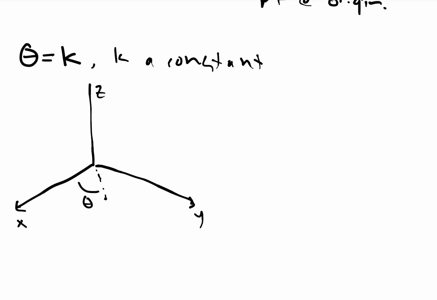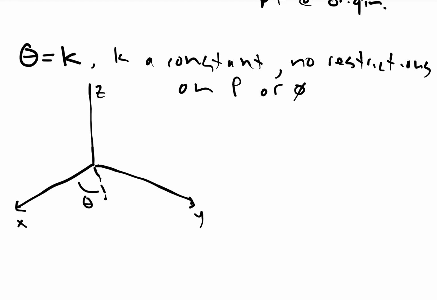Let's go ahead and assume no restrictions similarly on, let's say, rho or phi. If there are no restrictions on rho, this means that I can go as far out from the origin as I desire with this point.